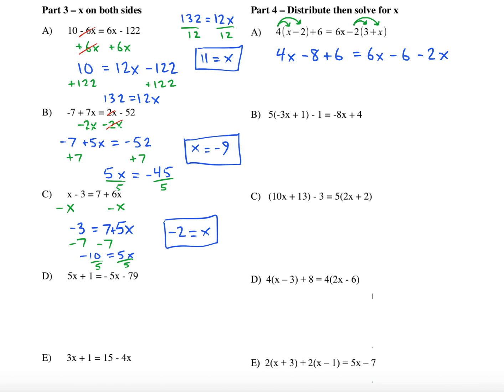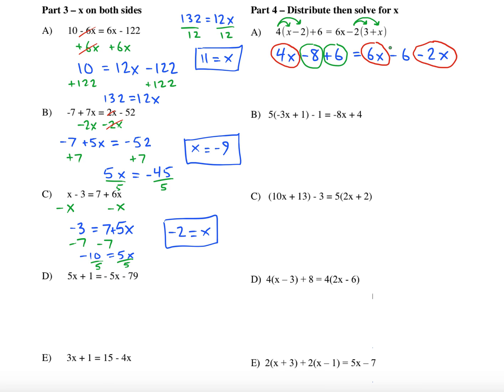All right, now we want to go farther in our simplification. We want to do what's called combine like terms. Now, the 4x and the 6x and the negative 2x are like terms because they're all attached to an x, you know? But the numbers are like terms as well.